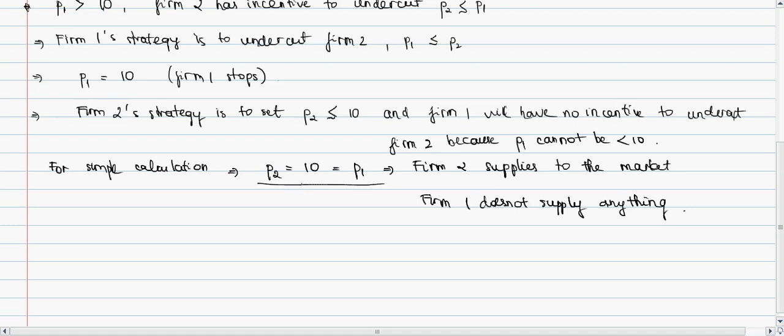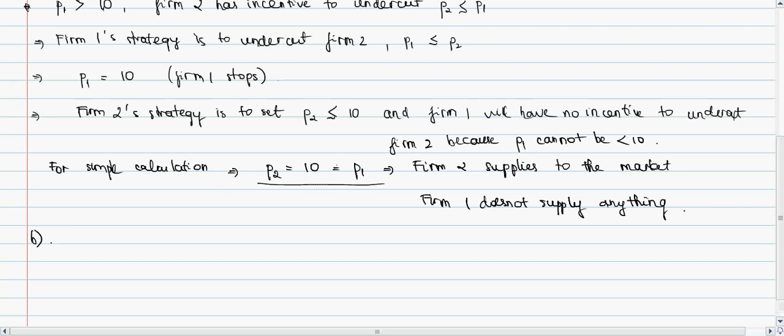No. Now I'm charging 10, I already capture and supply the whole market, so I don't need to lower my price. I have no incentive to lower the price and lower my profit, and that doesn't give me any extra market. So firm 2 doesn't have any incentive to deviate either, and that's the reason why P1 equal to P2 equal to 10 is going to be the equilibrium.